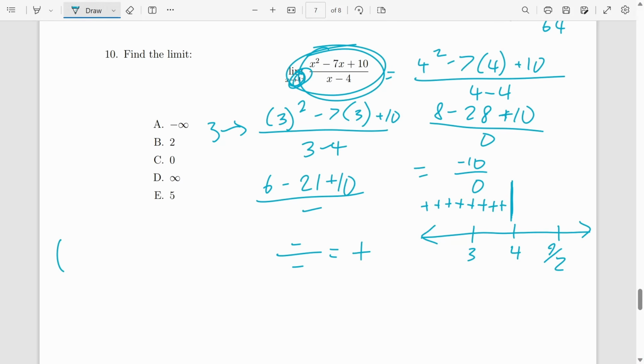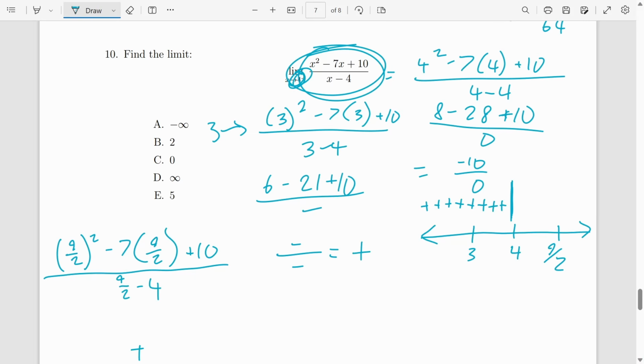So doing this again, we get 9 halves squared minus 7 times 9 halves plus 10 all over 9 halves minus 4. The bottom is going to be positive this time around because 9 halves is bigger than 4. So something bigger than 4 minus 4 is positive.